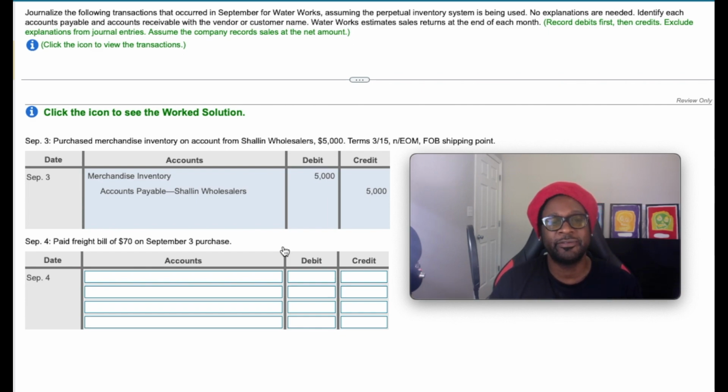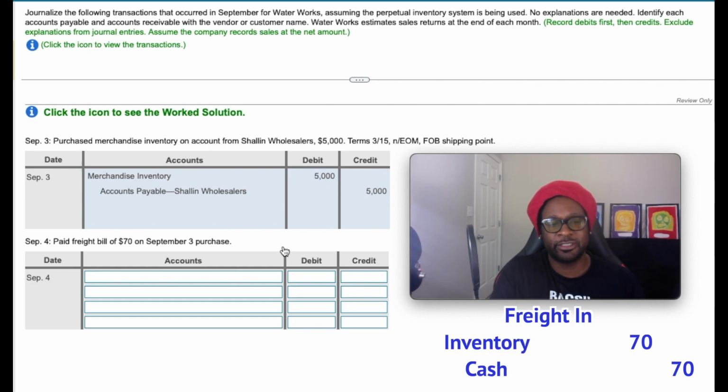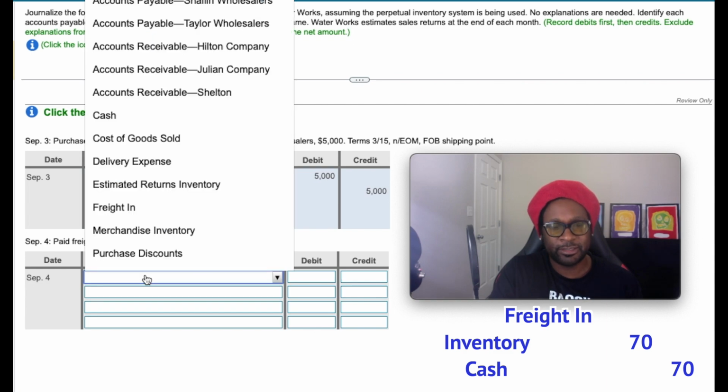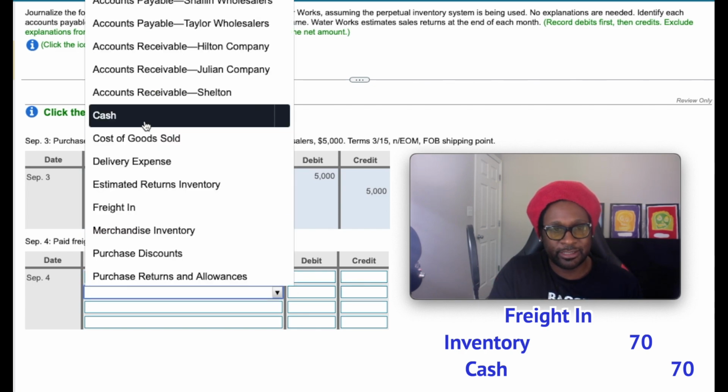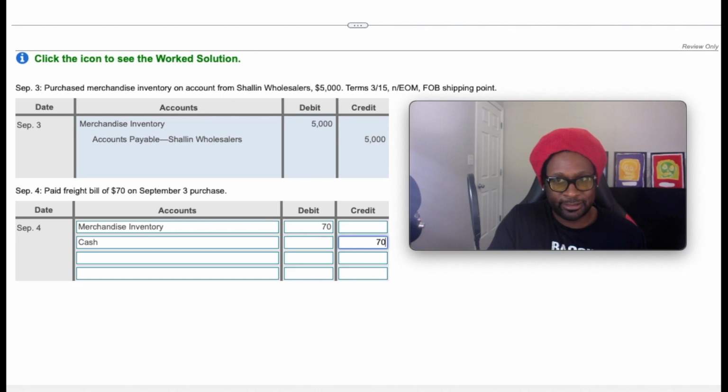Because freight in by definition is any shipping charges that you pay to get the goods into the business. Hence, freight in. And we know that freight in is included in inventory, which means that it's going to increase the cost of our inventory, which constitutes a journal entry to debit our merchandise inventory for $70 and credit cash. We're going to check the answer.